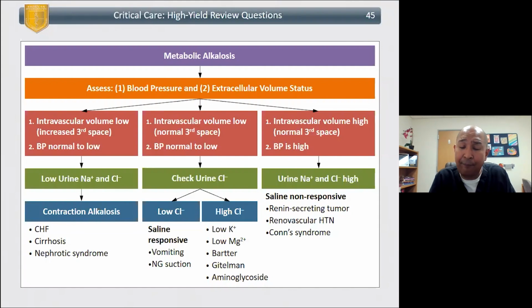So what's going to happen is that because they're so contracted, they're going to rev up because of the decreased volume going to the kidney. They're going to activate an enzyme called renin that activates angiotensin 1 to angiotensin 2 that eventually activates what? Aldosterone.